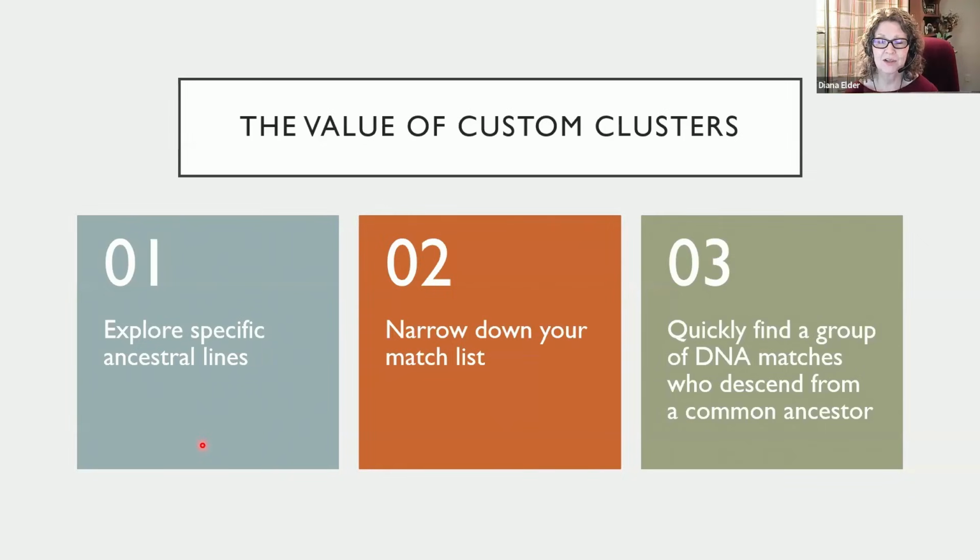And this custom cluster can help us really get to those specific lines quicker. It can narrow down those thousands and thousands of matches that we have, and it can hopefully help us quickly find a group of DNA matches who descend from a common ancestor.